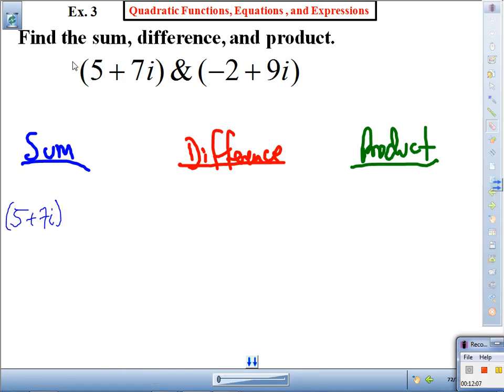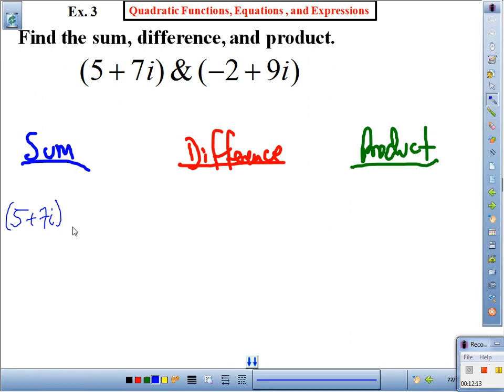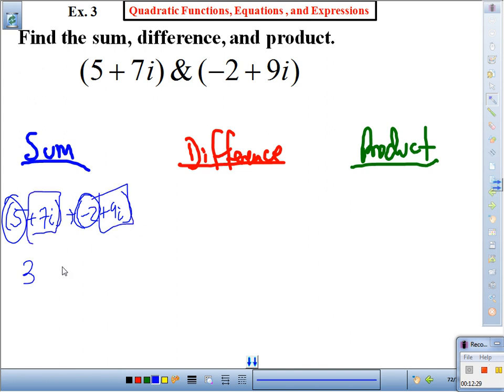Example 3. Find the sum, difference, and product. So I'm going to start with the sum. 5 plus 7i plus negative 2 plus 9i. All right. What is 5 plus negative 2? 3. What is 7i plus 9i? 16i. And we're done with the sum.